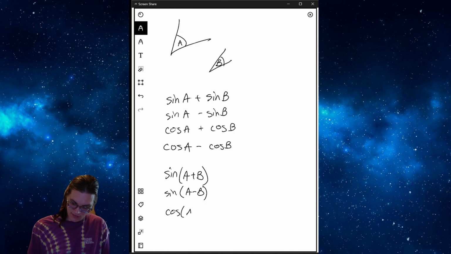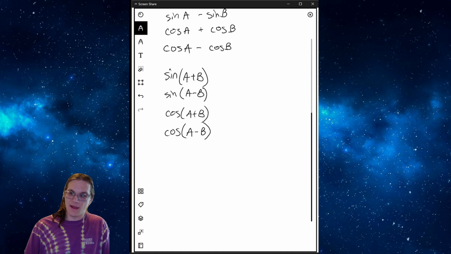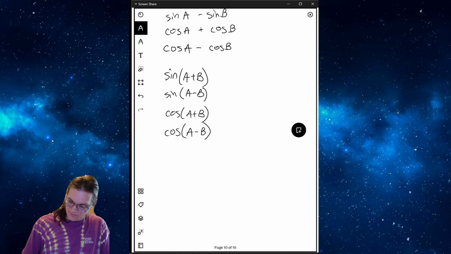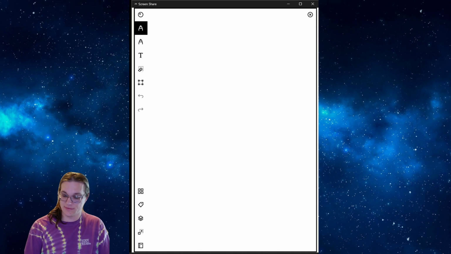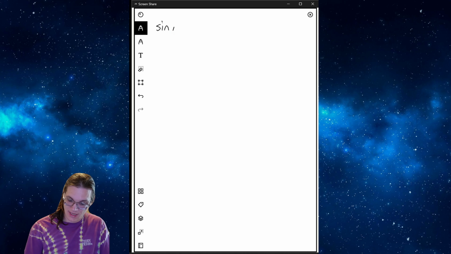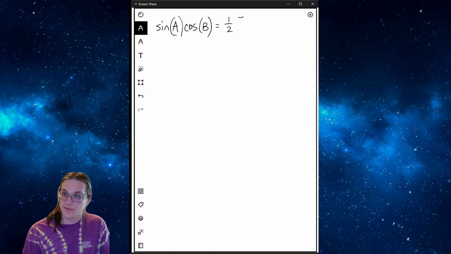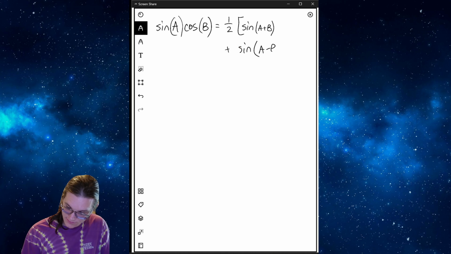Take the cosine of the angles added together, or the difference of the angles. And the final identity, to me, not one that I'm super able to memorize, if I'm totally honest with you, is sine of this angle times cosine of that angle results in 1/2 of the sine of the added angles plus sine of the difference.